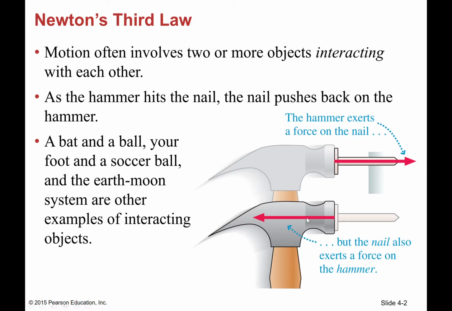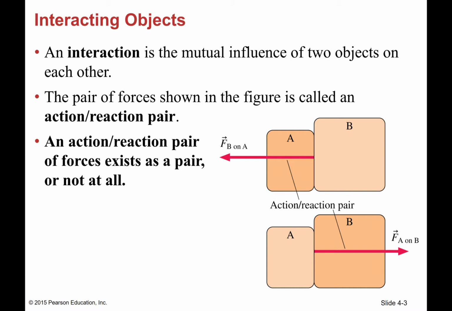Those two forces form a pair, and the way to think about this is that this is an action-reaction pair. So now let's define some terms here. An interaction: we typically are going to have two objects, and they interact if they are touching or they are pushing, or somehow there are forces from one to the other.